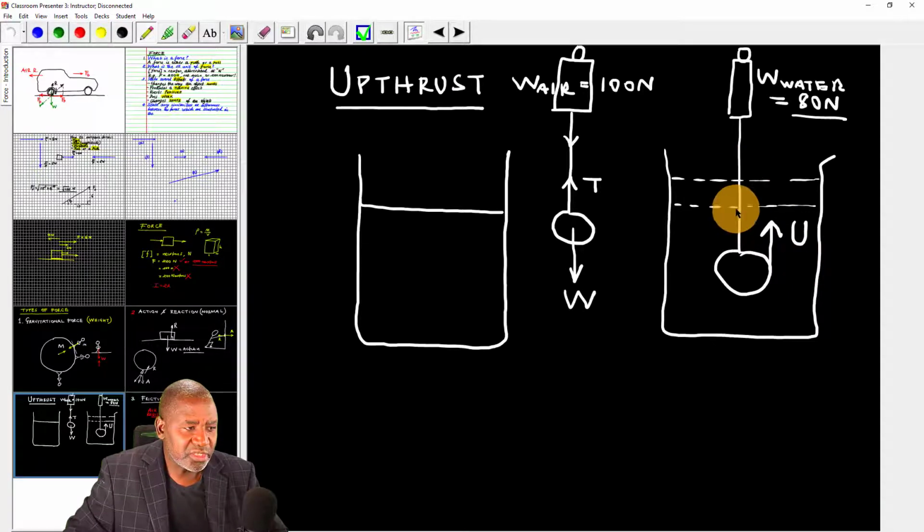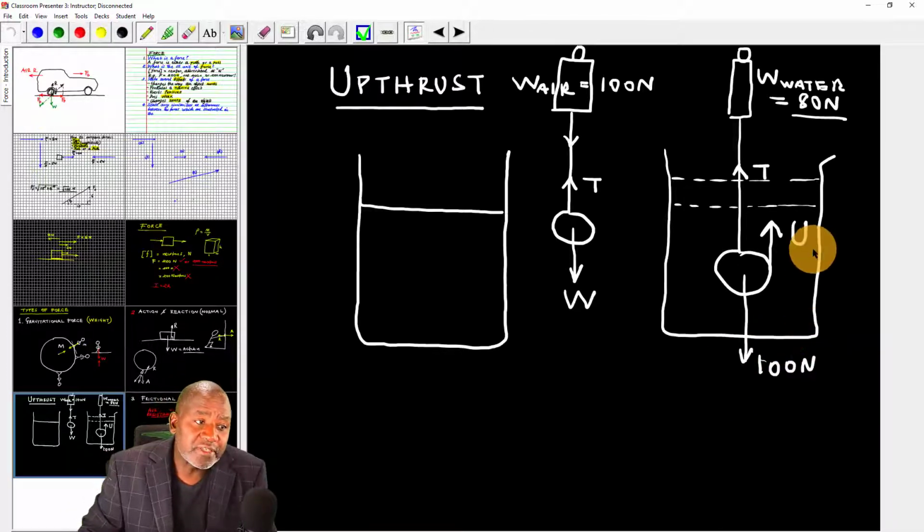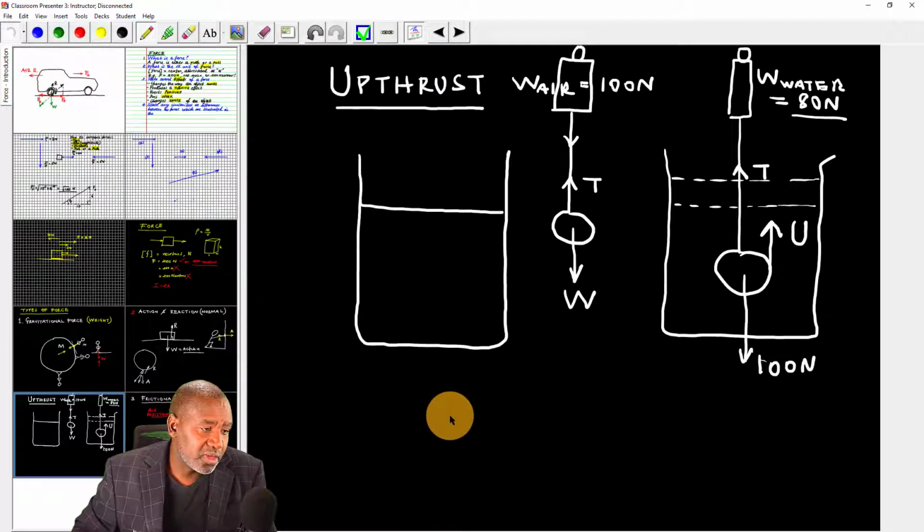But the tension still exists. Remember that tension is now 80 newtons. The weight of the object is still there, 100 newtons. The difference is the upward force, is the upthrust.